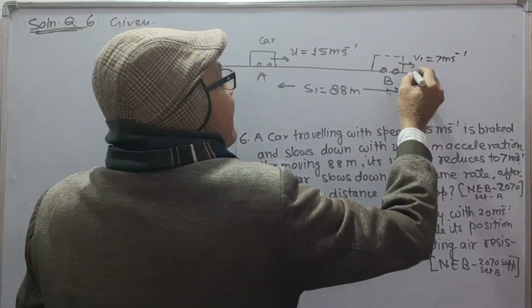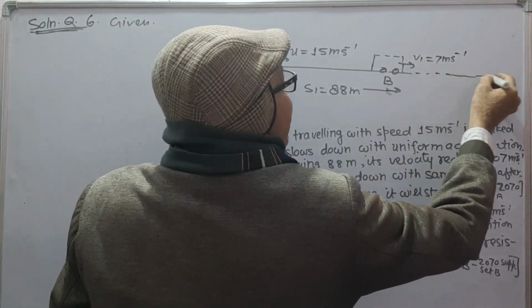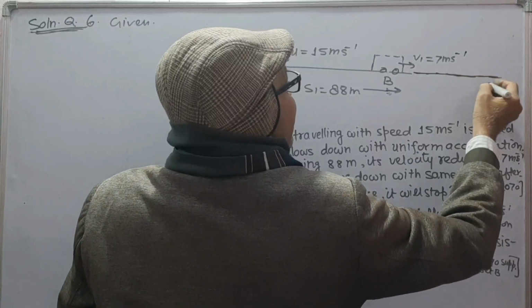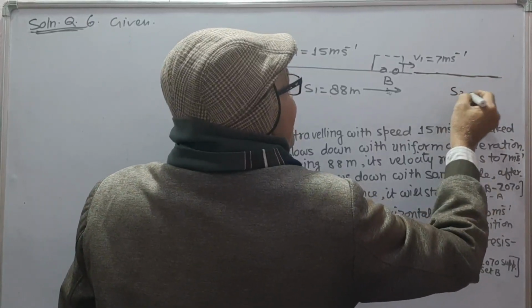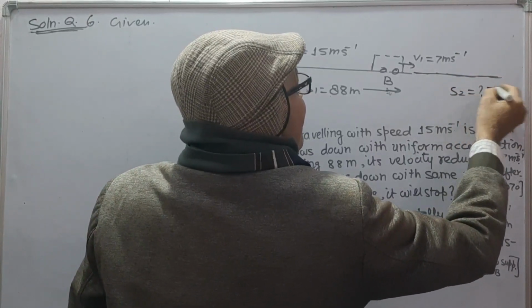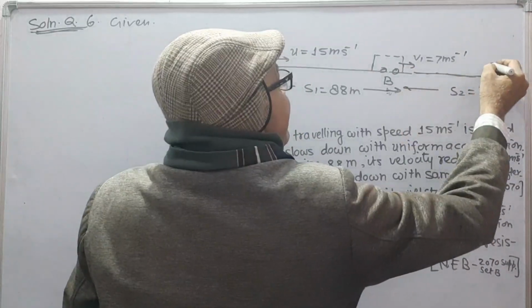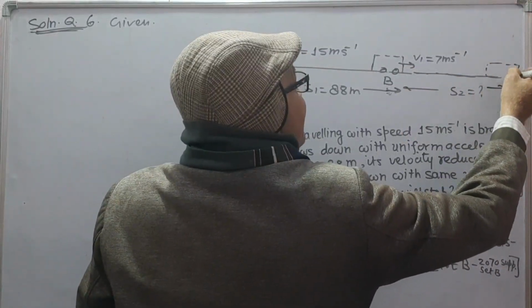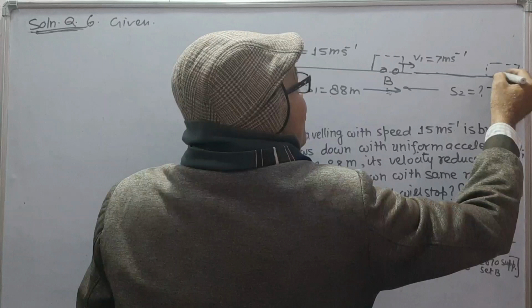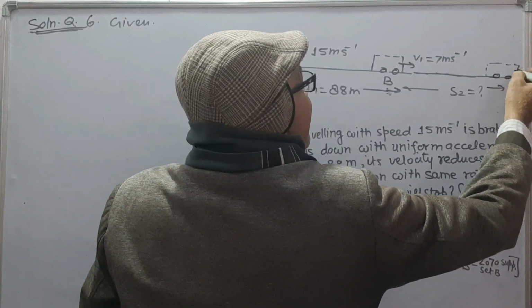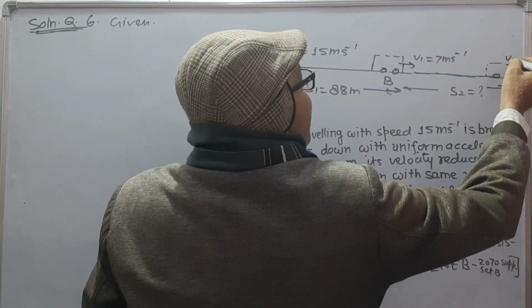So we have to find the further distance s2 so that the car stops, means from B to C, v2 becomes 0.